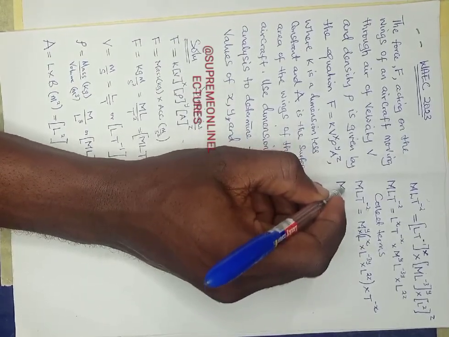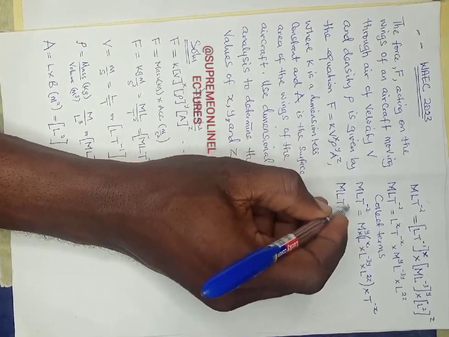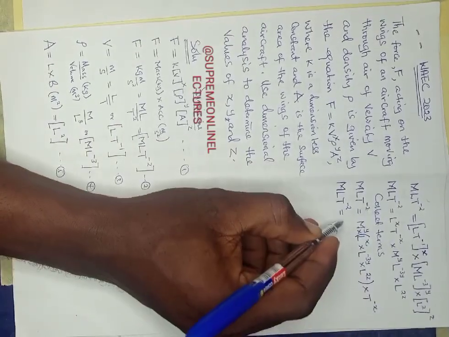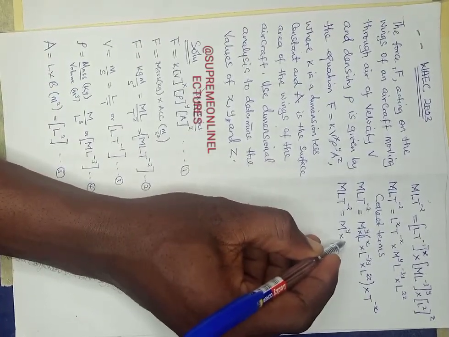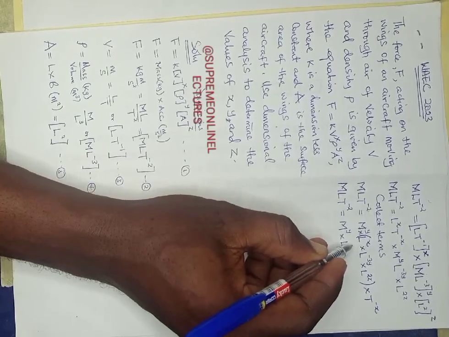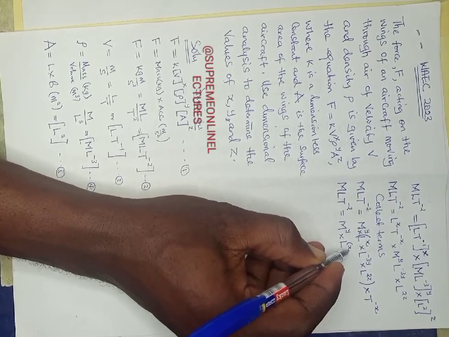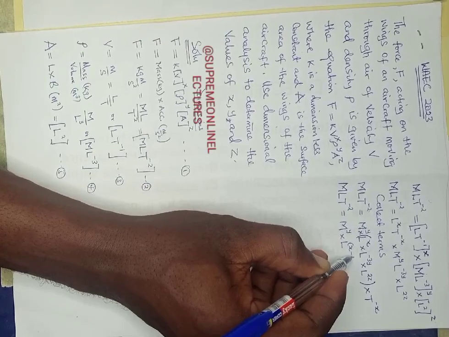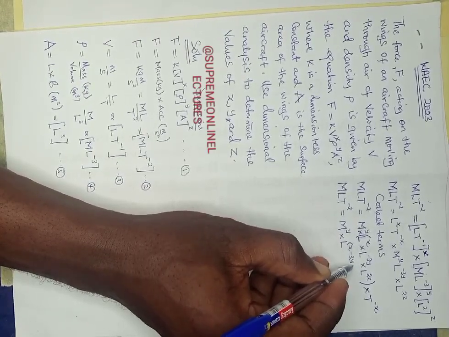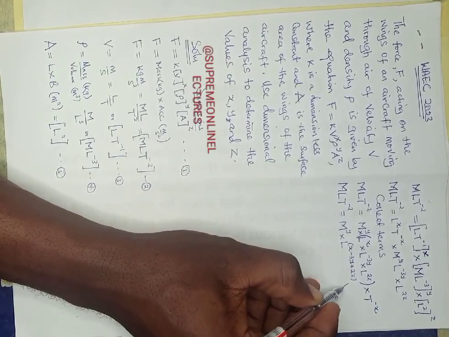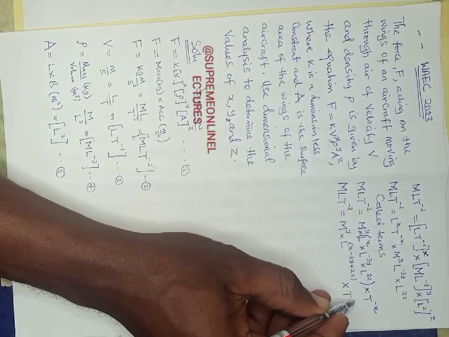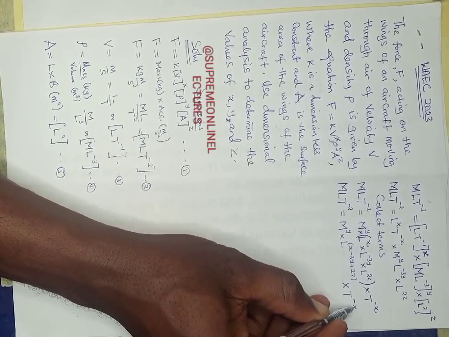So M L T to the power minus 2 would be equal to M to the y times L to the power x minus 3y plus 2z, from indices, times T to the power minus x.